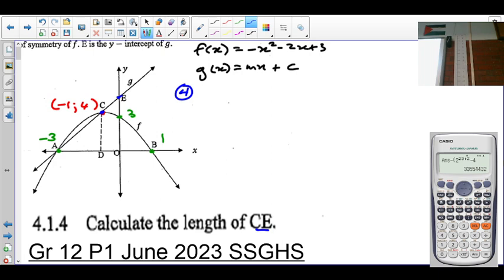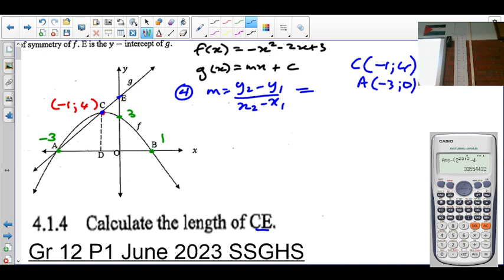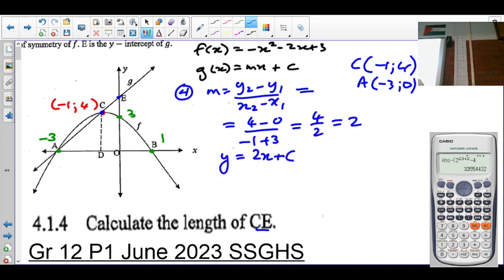So g of x is equal to y is equal to mx plus c. To calculate m, which is your gradient, is going to be y2 minus y1 over x2 minus x1. Do I have 2 points that the graph of g is going through? Yes. C, which is negative 1 and 4. And A, which is negative 3 and 0. So I'm going to get 4 minus 0 over negative 1 minus negative 3. So that's going to be 4 over 2, which is 2. So my equation now reads y is equal to 2x plus c.